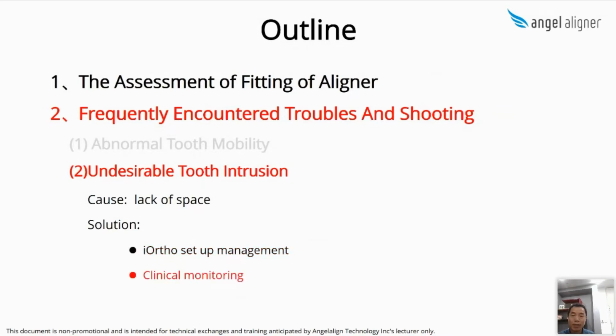The second is clinical monitoring. This is one of the most important aspects. The contact mesial and distal to the rotated teeth should be checked with dental floss at every appointment. I think dental floss is a very important tool for us treating patients with clear aligners.